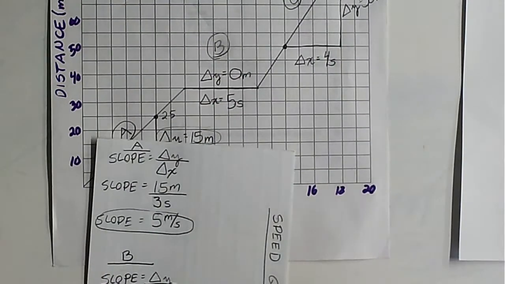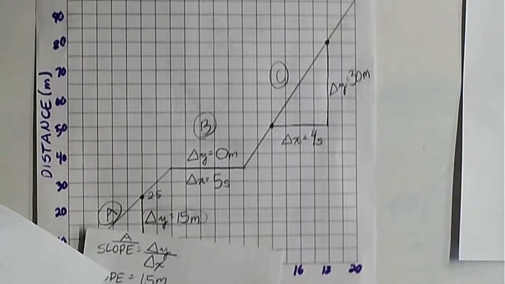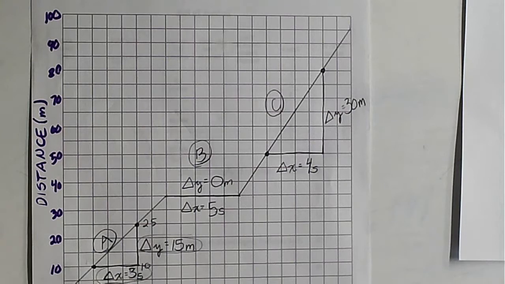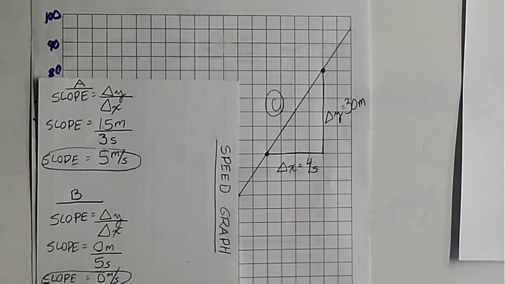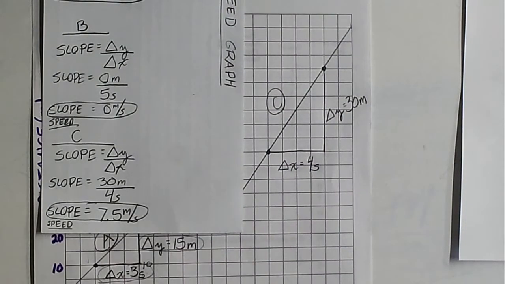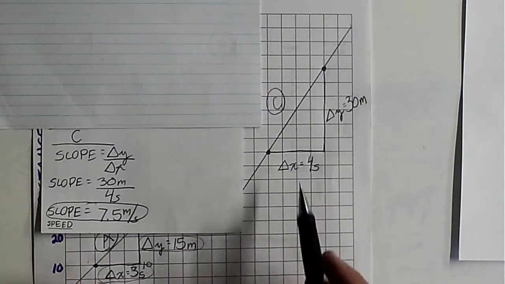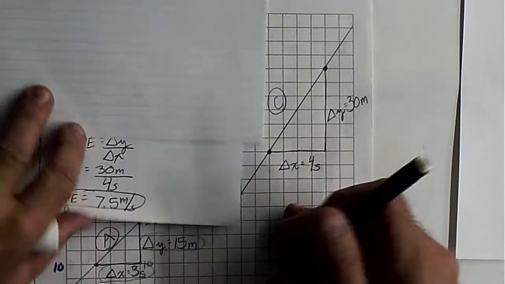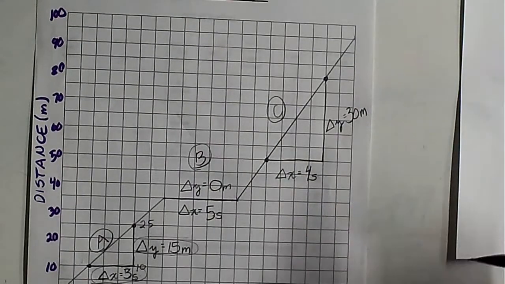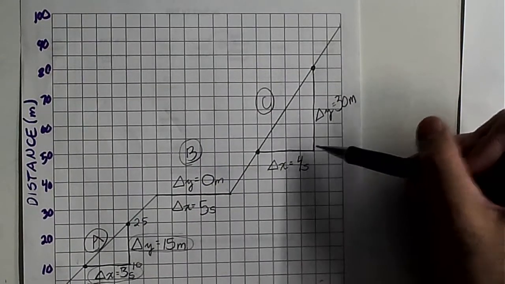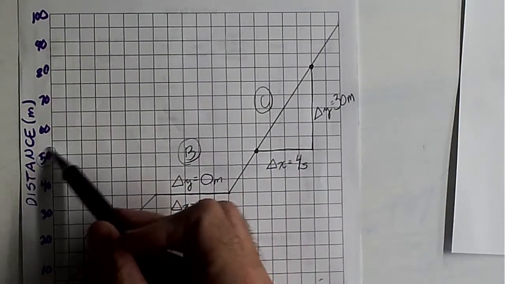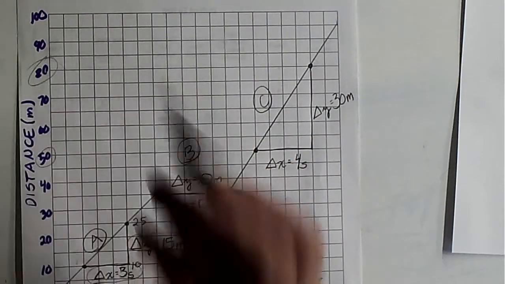So going on to the C section, it's the same thing. It's the same problem over and over again. So for C, my change of y is 30. I started at 50. I went up to 80.